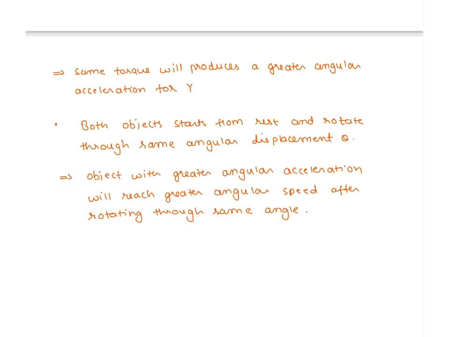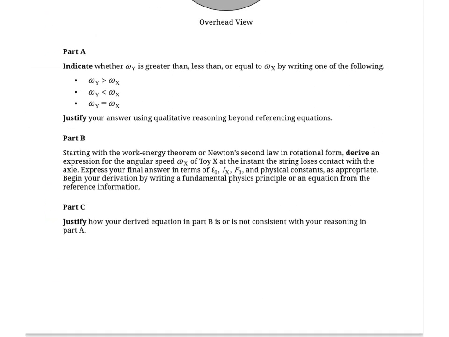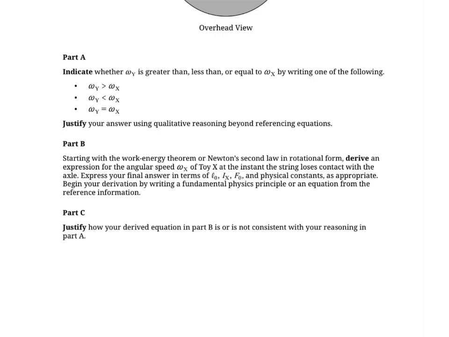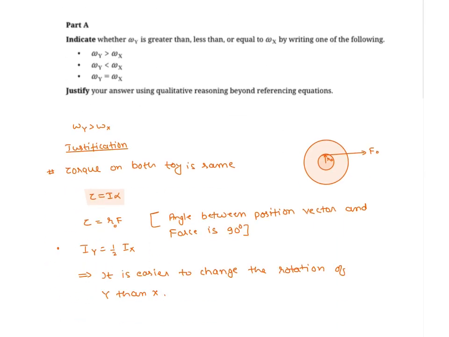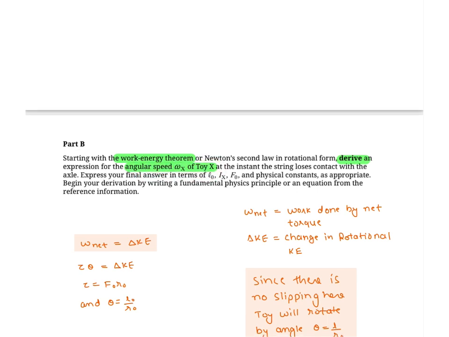So it implies that omega y should be greater than omega x. Now coming on to the second part. So the second part we have mentioned here, that starting from the work energy theorem, we have to derive an expression for the angular velocity of toy x, right?